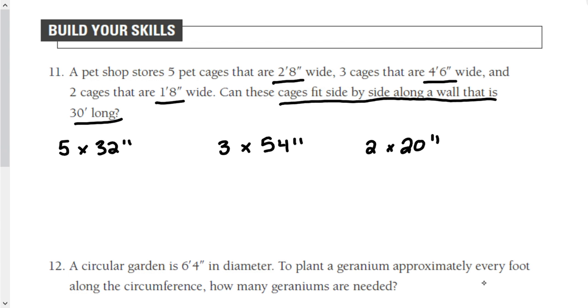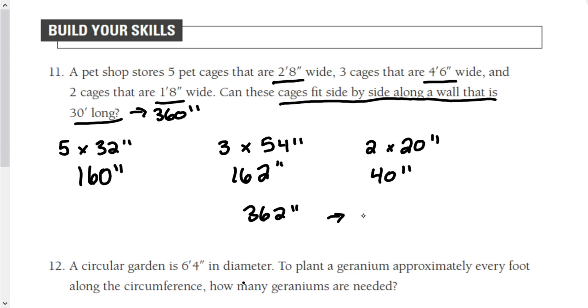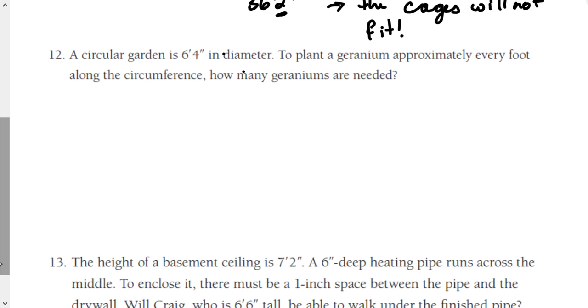So then 5 times 32 gives us 160 inches. 54 times 3 gives us 162 inches, and this gives us 40. Now 30 times 12 gives us 360 inches. So 160 plus 162 plus 40 gives us 362 inches. The cages will not fit. By a little measly 2 inches.